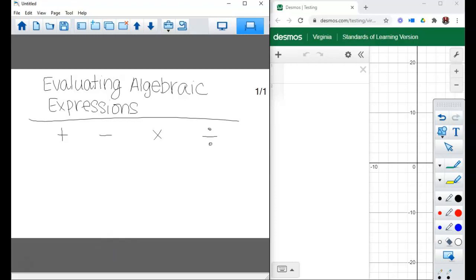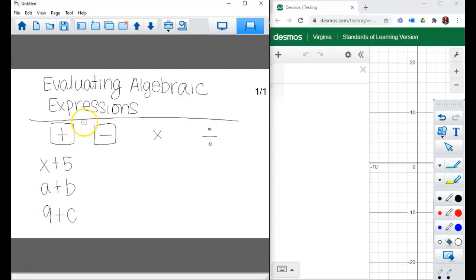The big thing we have to keep in mind is that sometimes we have to change how we show those. Addition, you are going to show exactly the same way. So you could write x plus 5. You could write a plus b. You could write 9 plus c. So addition will still be shown with that same old plus sign.